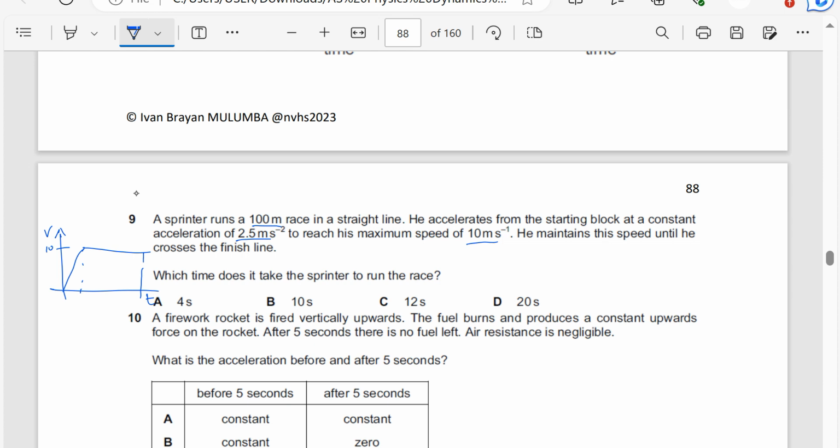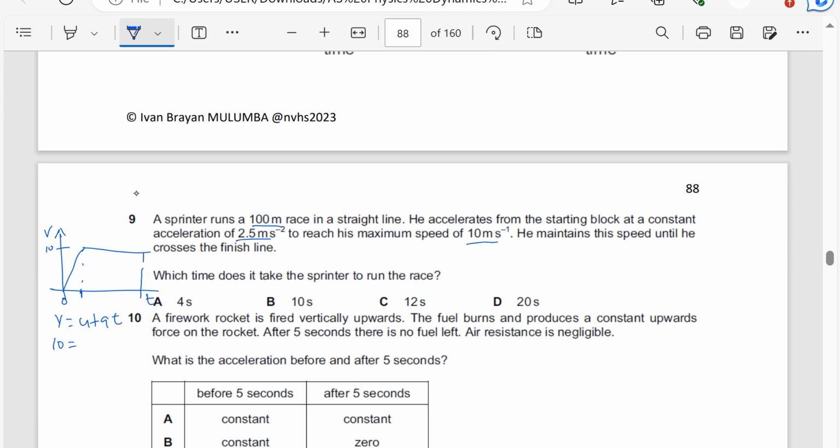Which time does it take the sprinter to run the race? Okay, let's begin by finding the time it takes for the acceleration. Using v equals u plus at, the velocity reaches 10 if it starts from rest.